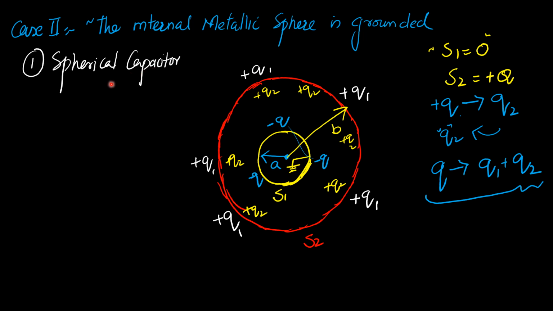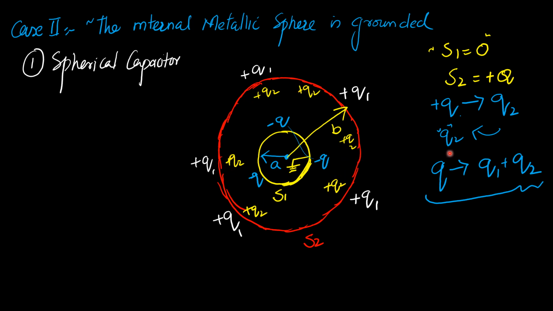So student, in case 2, the internal sphere S1 is grounded, whereas the external sphere S2 of the spherical capacitor is charged by charge Q. Since this sphere is a conductor, there will be induced Q2 charges.